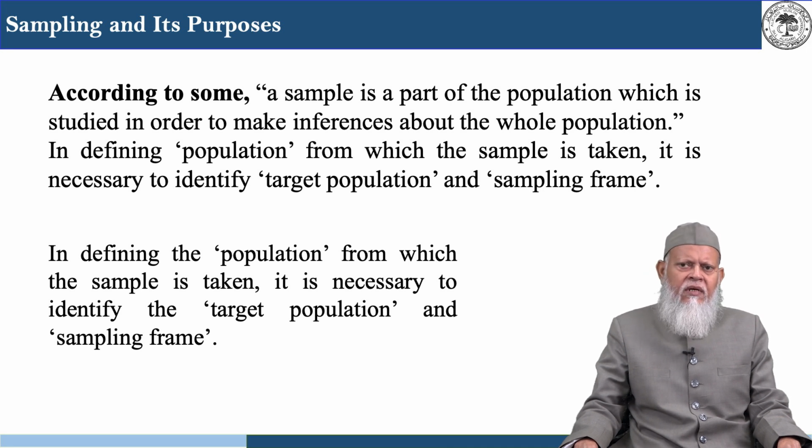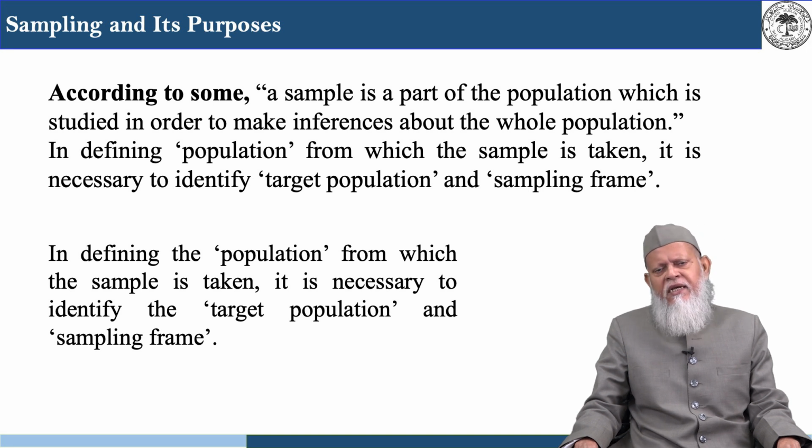Of course, the sample has to be made in a way that it represents, it encompasses all the characters of the population, so that the sample is to be studied and the findings of the sample are to be generalized for the whole of the population.